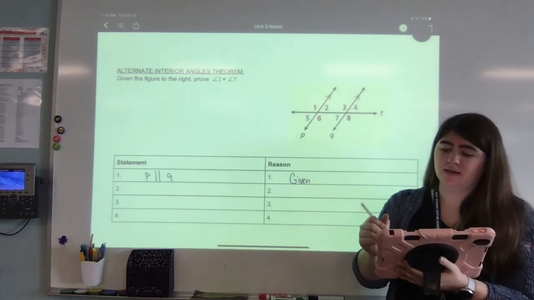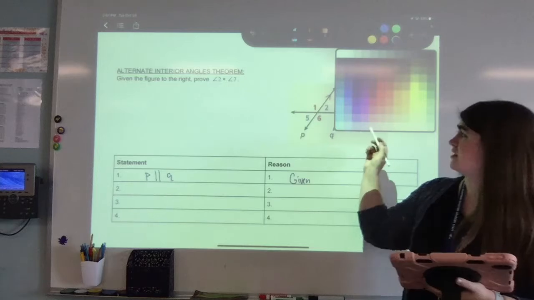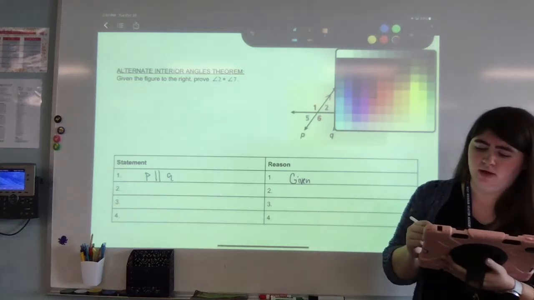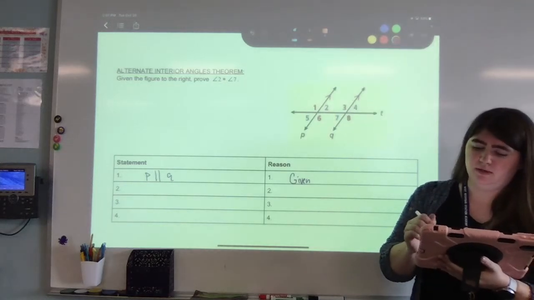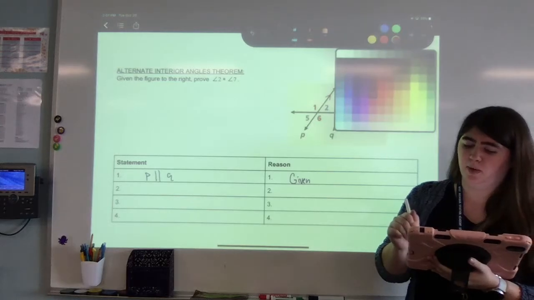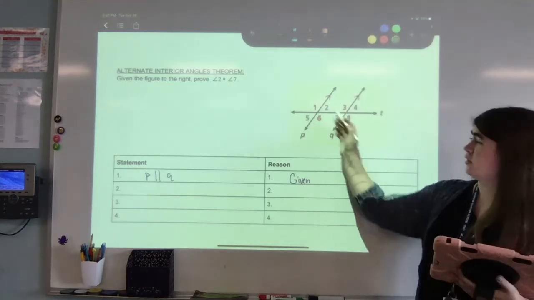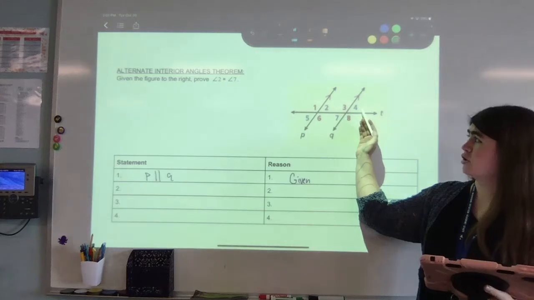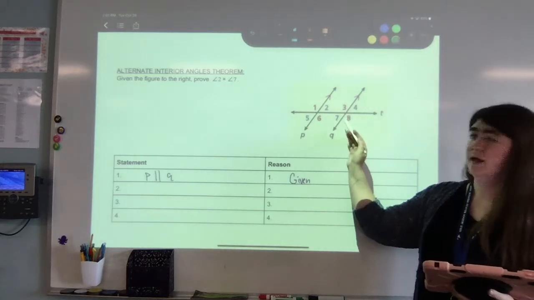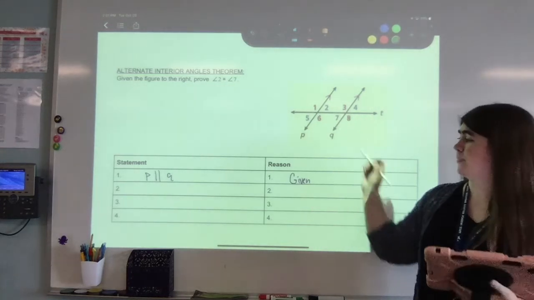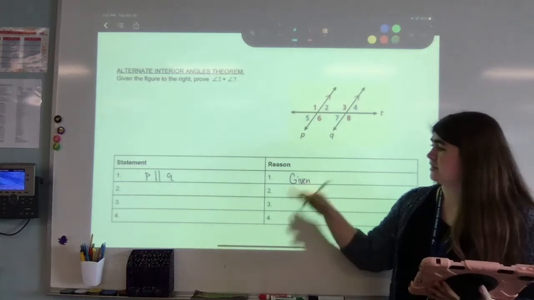And I do know that 7 is also congruent to angle 4. That's my route. I need to show that 2 is congruent to 4, then that 4 is congruent to 7, and then I can show that these two are congruent. So we'll take this step by step.